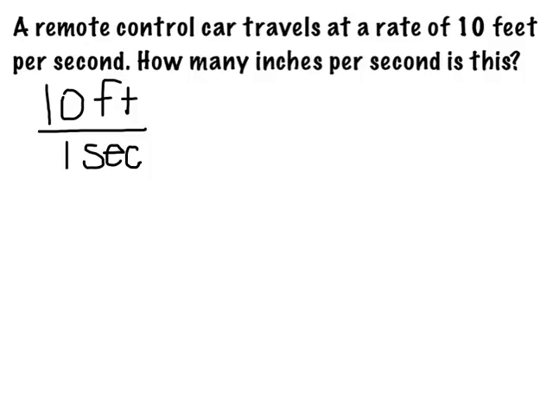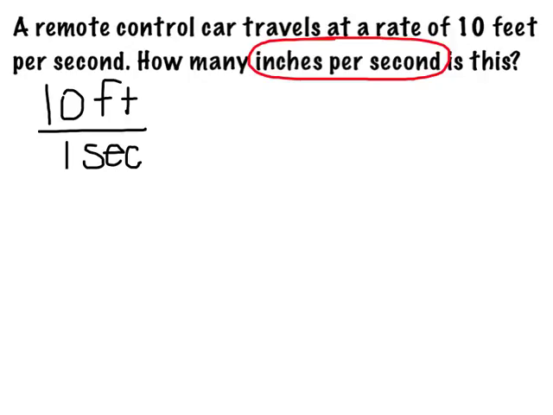They want to know how many inches per second this is. Now let's take a look at what I want to get rid of. My unit rate is feet per second, but they want to know inches per second. So what unit am I trying to get rid of? I'm trying to get rid of feet because they no longer want feet, they want inches per second.